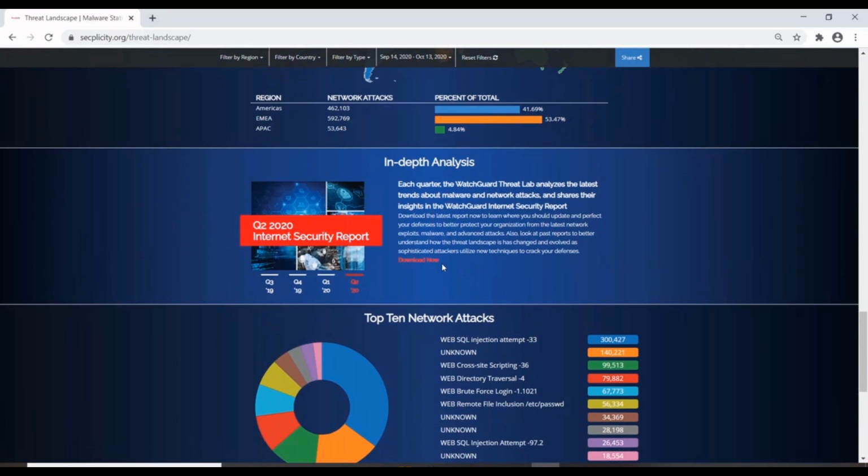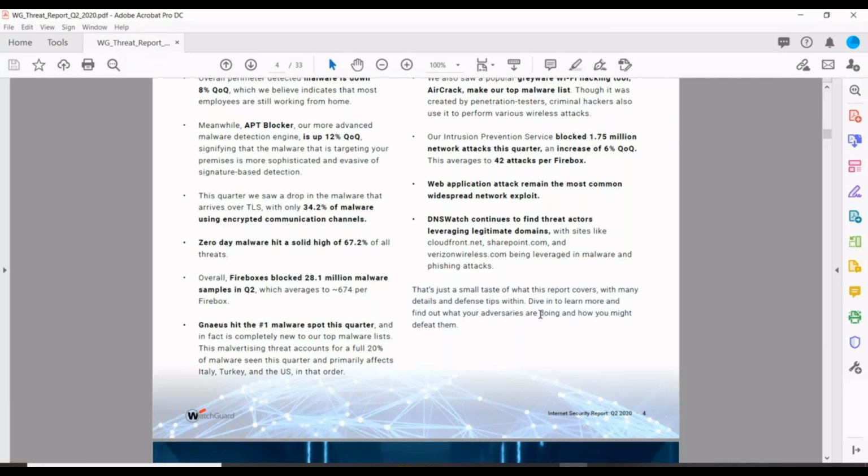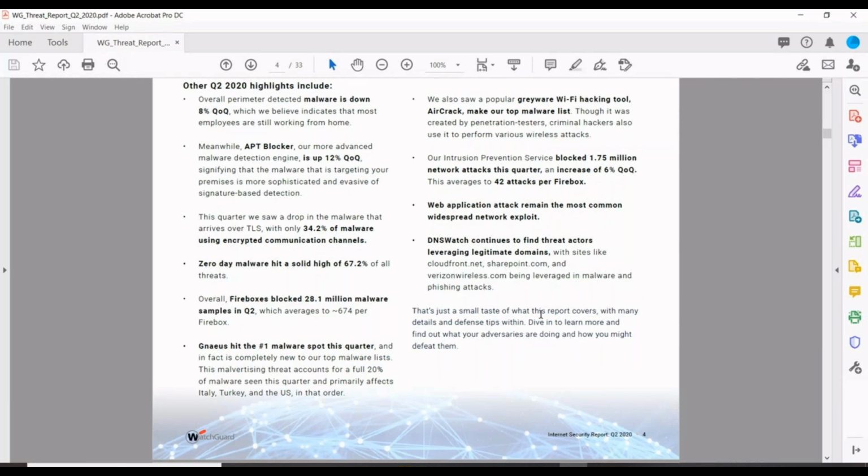Also available is the Internet Security Report, which you can click here and download. I downloaded a copy that I'm going to show you. But one of the things that I wanted to note here for the Q2 report of 2020 is that zero-day malware hit a solid high of 67.2% of all the threats that we blocked.